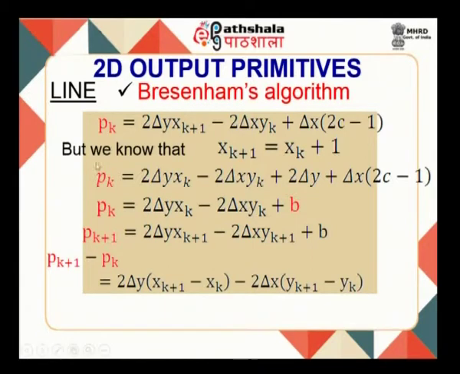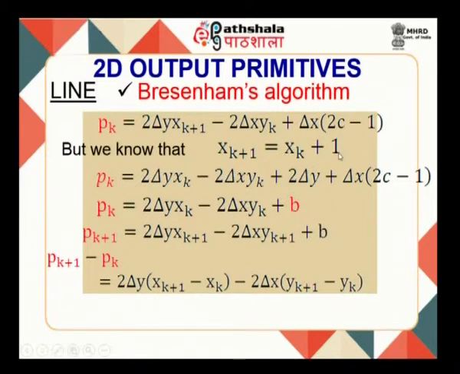Okay. So, here the left part of the equation has been replaced with p k, which is nothing but delta x into d lower minus d upper. The right side part is left as it is, and we know that because we are sampling the line along the x axis at unit intervals, x k plus 1 is equal to x k plus 1.